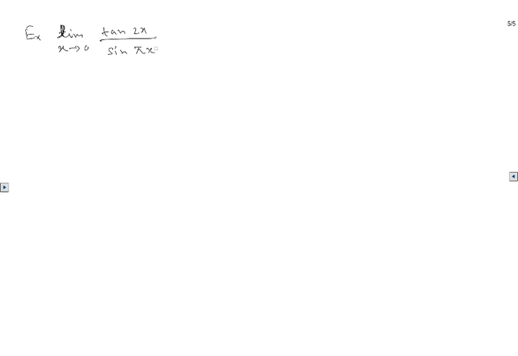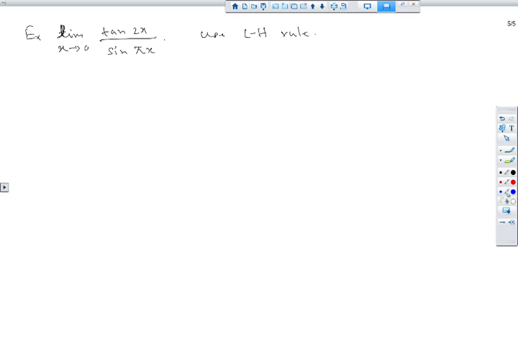Use the L'Hopital's rule. Okay. Use the L'Hopital's rule and see whether you get the same answer. It should be the same answer. It doesn't matter what method you use.